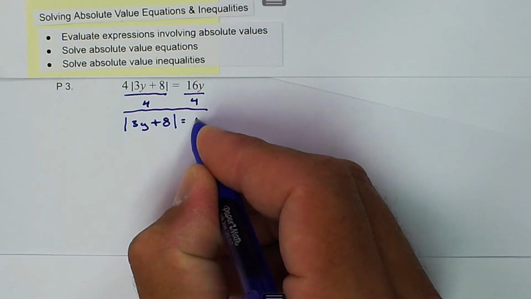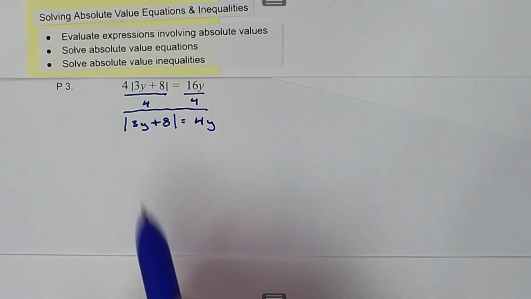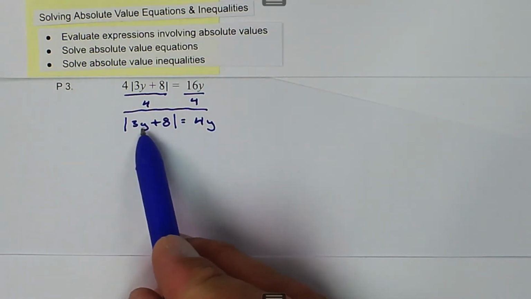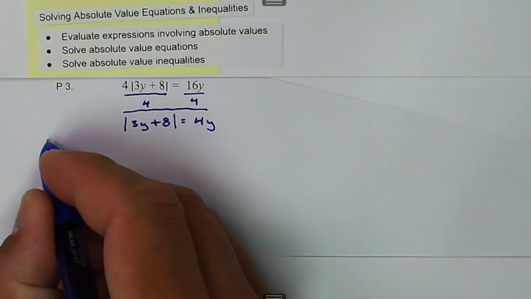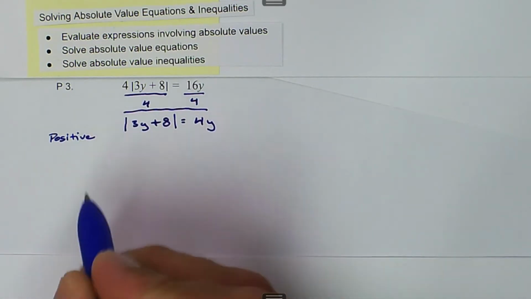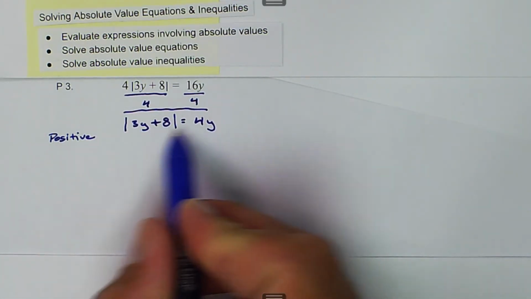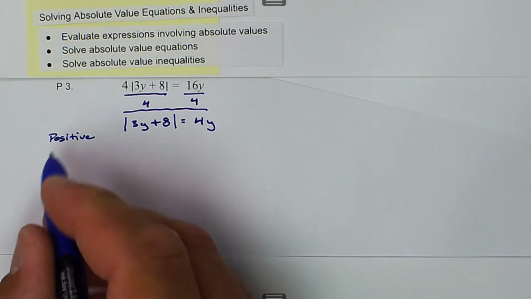is equal to 4y. And then we have to solve this for when the inside of the absolute value is positive. And in that case, we just write down the equation as is without the absolute value sign.